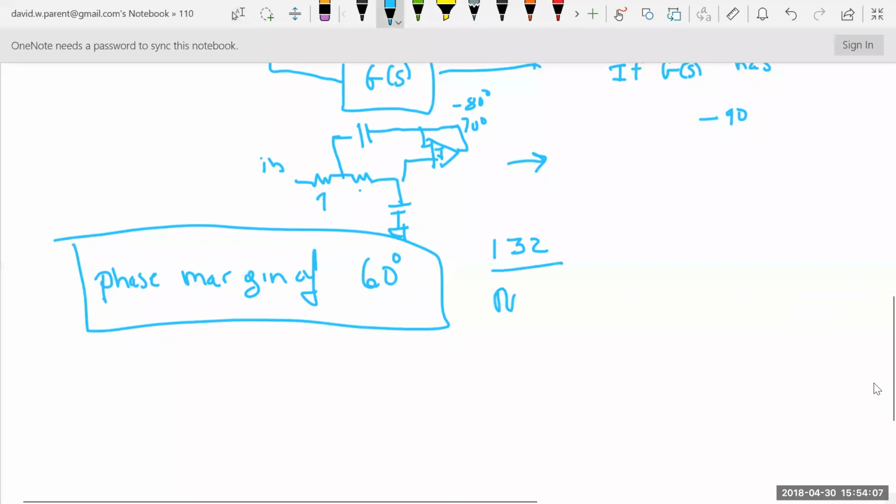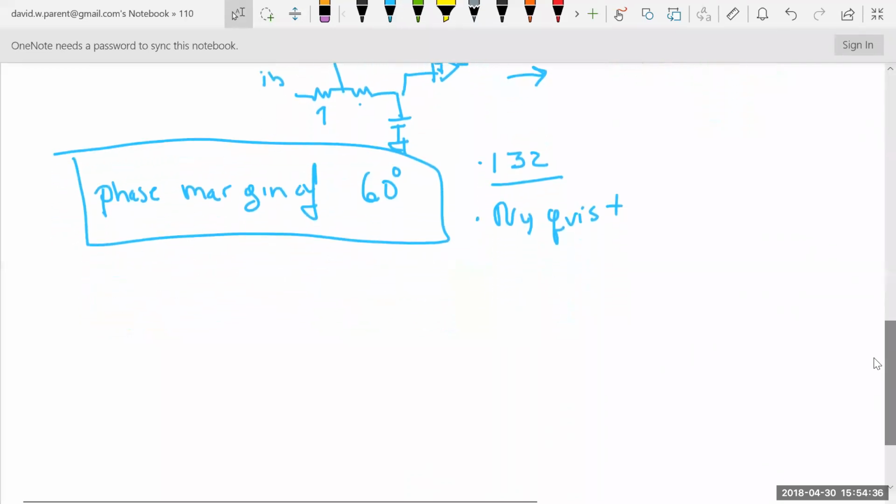There are things like Nyquist criteria or Nyquist plots to see how unstable you are, and there are others. But that's kind of what 132 is about.